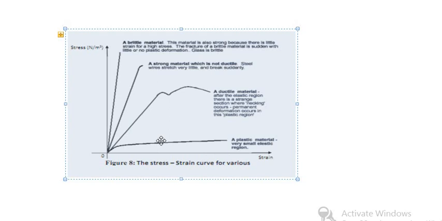And the last material we can have is what we call a plastic. A plastic is a material that exhibits no yielding, no proportionality, no limited strength. For instance, when it starts loading, it will just go directly to the fracture.